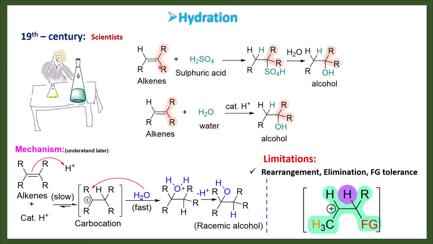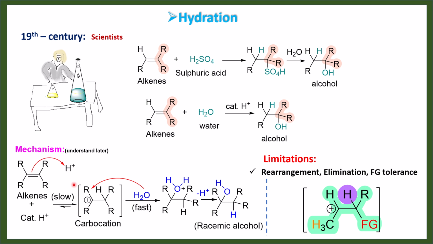And nowadays in industry, the alkene is treated with hot water, meaning steam, in the presence of an acid catalyst to produce the alcohol. How does this mechanism happen? Initially the mechanism could not be understood, but later the mechanism of this reaction was understood.